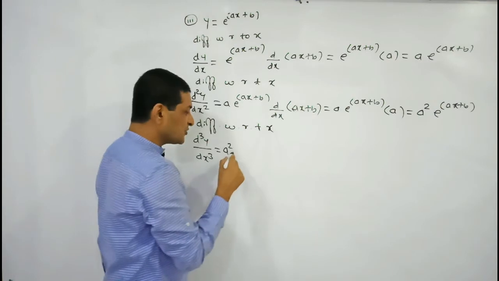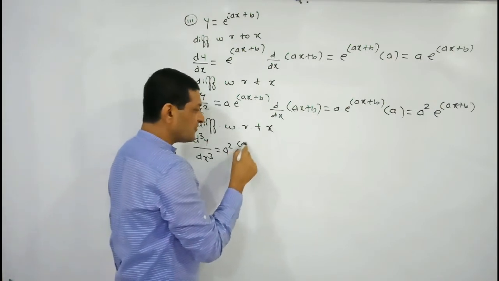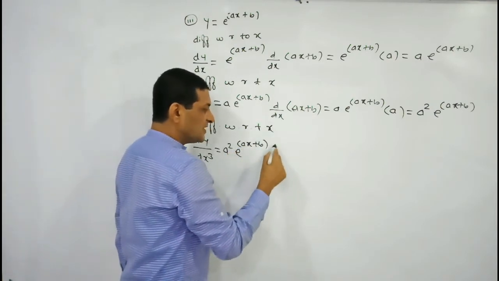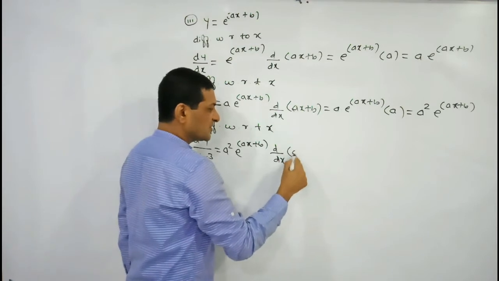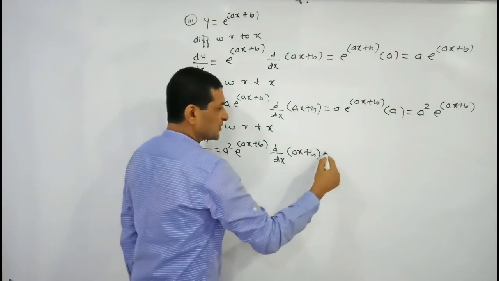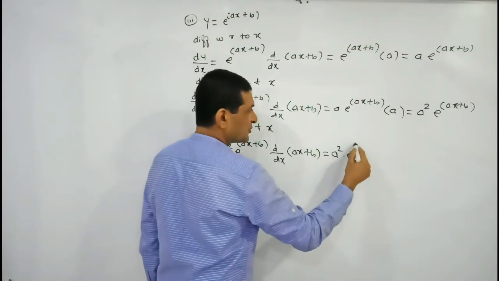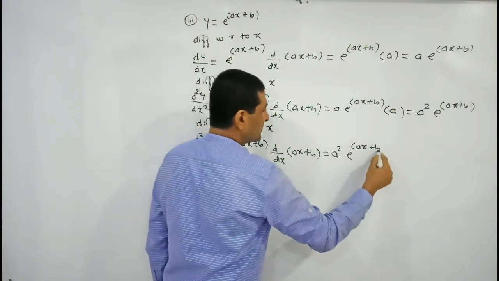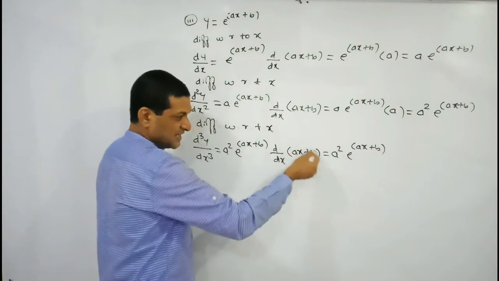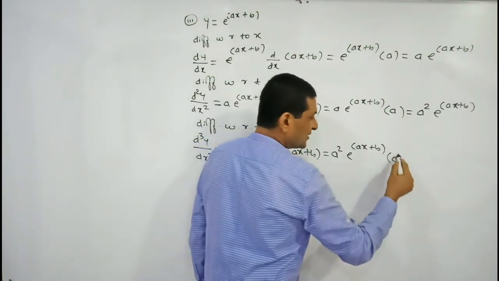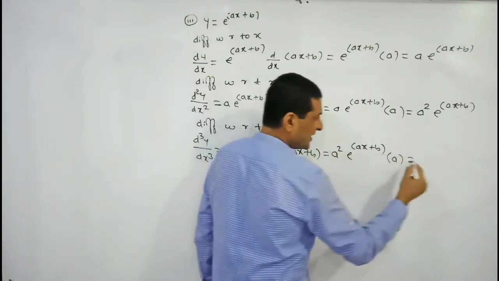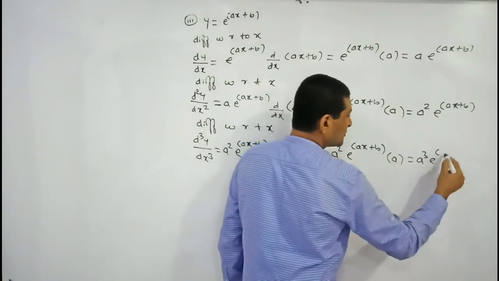What is derivative of e raised to power f of x? e raised to power f of x into derivative of f of x. f of x is what here? ax plus b. So which is equal to, keep this first term as it is, means a square into e raised to power ax plus b, and derivative of ax plus b will be equal to a. So which is equal to a into a square is a cube into e raised to power ax plus b.